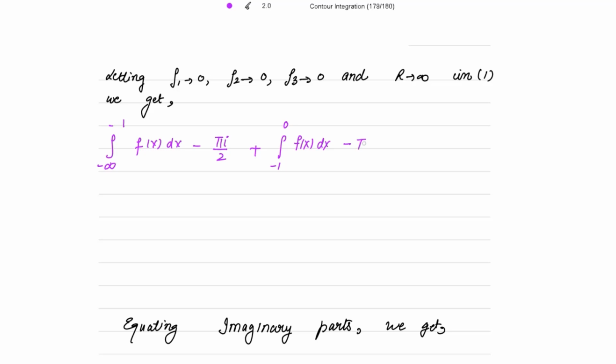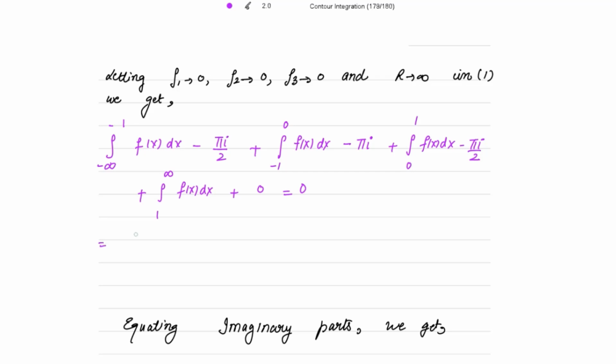So this is minus pi iota plus 0 to 1 f of x dx, and the third value is for curve gamma 3, minus pi iota by 2, and then from 1 to infinity f of x dx, and by Jordan's lemma the last integral is 0 along the semicircle tau, right?